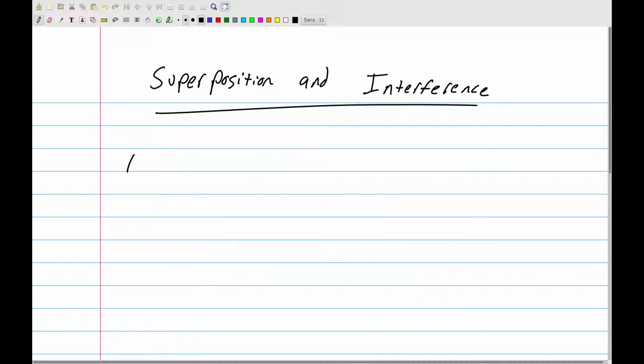So for instance, if you have a wave that is doing this, and then you have another wave that ends up interacting with it, doing something like, I don't know, maybe this sort of thing. You'll notice that these two waves are always going the same way. When the black wave is up, so is the red one. When the black wave is down, so is the red one.